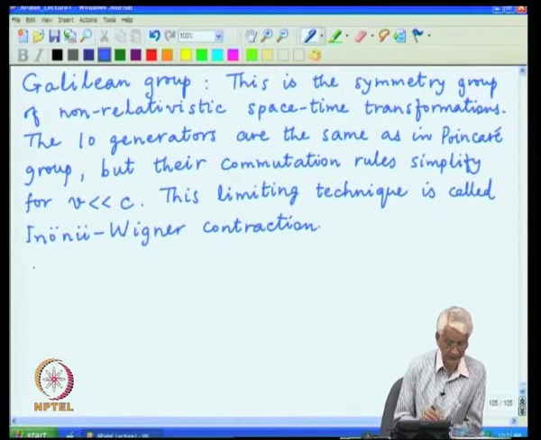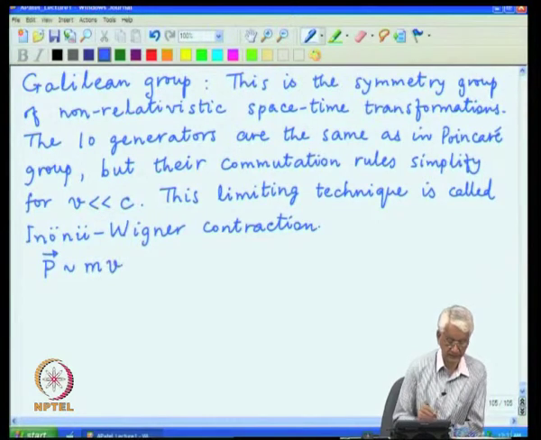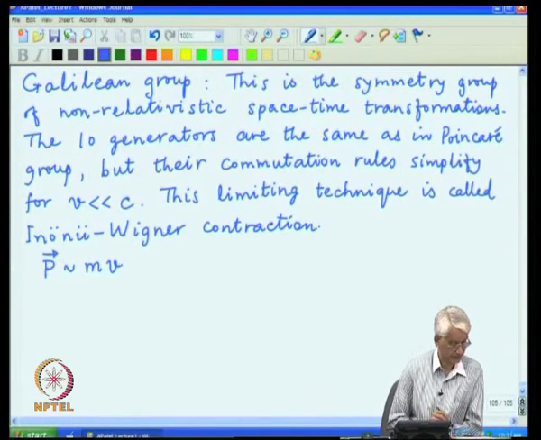In this particular case, the power counting rules for the various generators are: the 3-vector for the momentum is of the order of m times v.